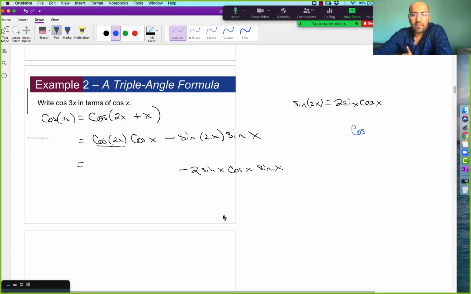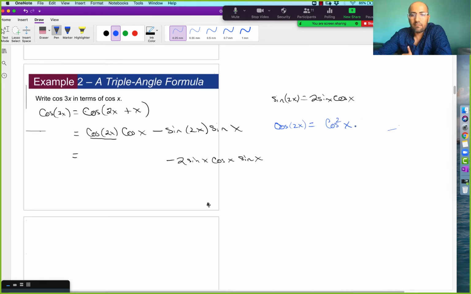We have cosine 2x equals cosine squared x minus sine squared x, then we have 1 minus 2 sine squared x, and then we have 2 cosine squared x minus 1.